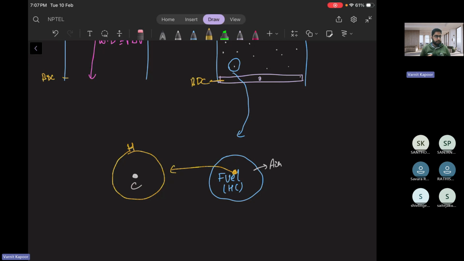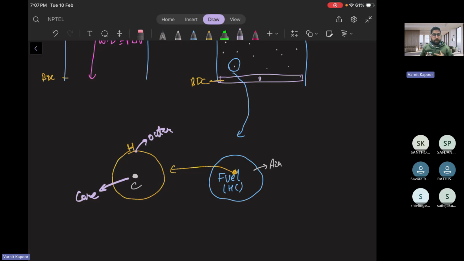Carbon is covering the core, whereas the outer part is the hydrogen. This is your outer hydrocarbon region.